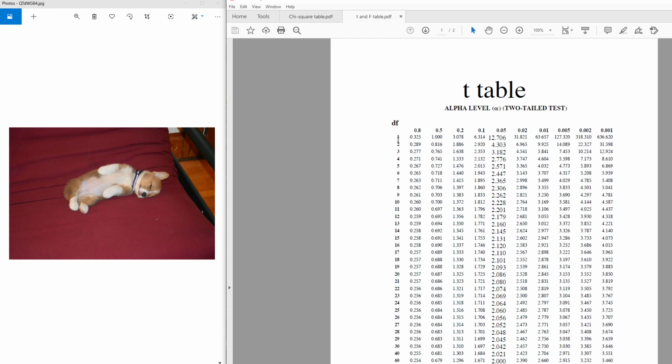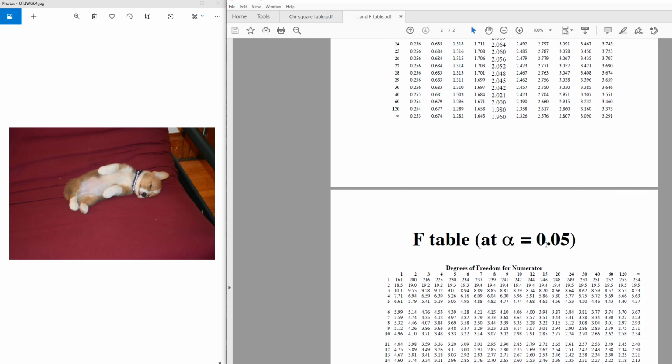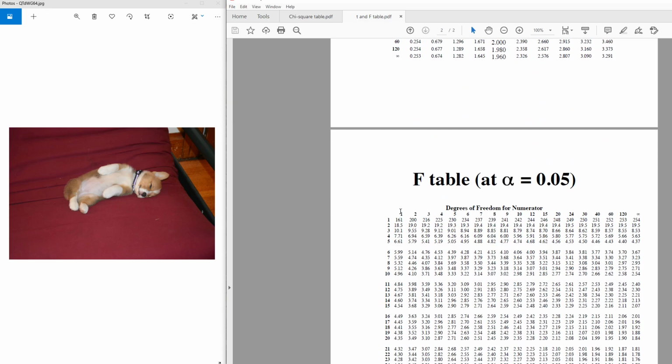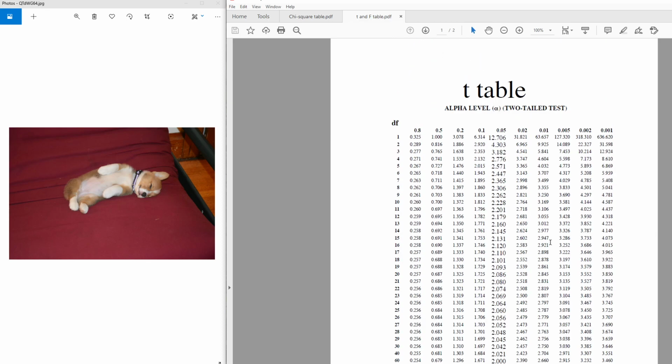But if you'll notice, as the degrees of freedom go up on the T table, the critical values go down. So bigger degrees of freedom leads to a smaller critical value in the T table. Here's the F table, which you almost certainly can't see, but it's the same relationship. As your degrees of freedom go up, the critical value goes down. That's true with both T and F.